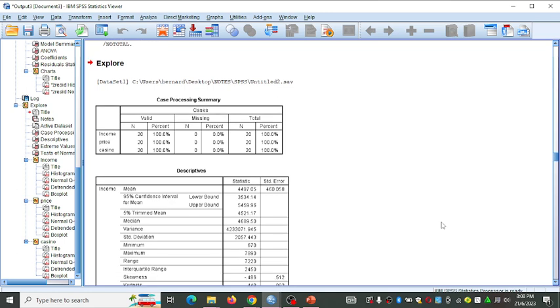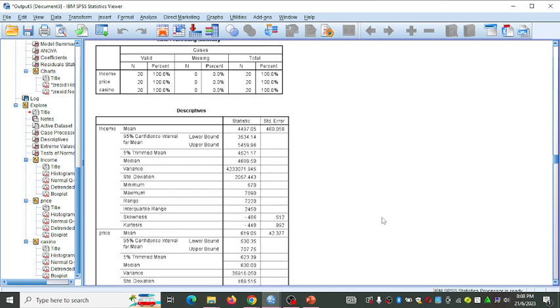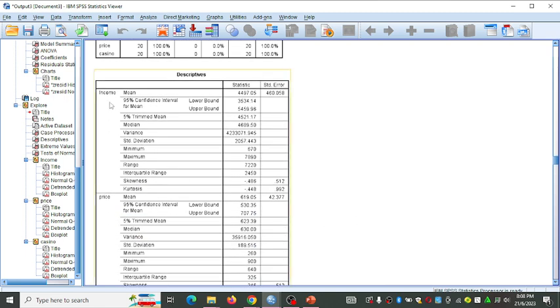In the explore output, we have the case processing summary and descriptives. We have descriptives for income. Let's come down to this point. We have a skewness of negative 0.486 and kurtosis of negative 0.448.